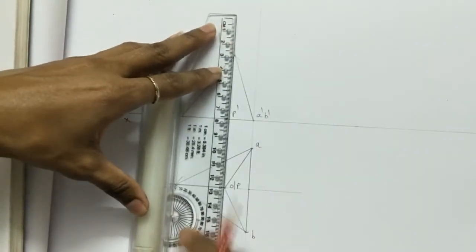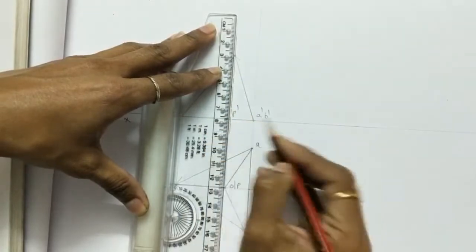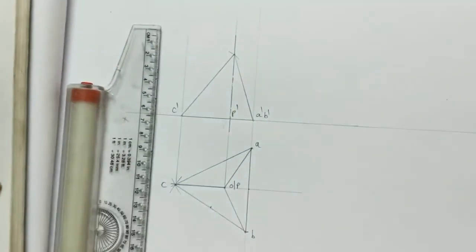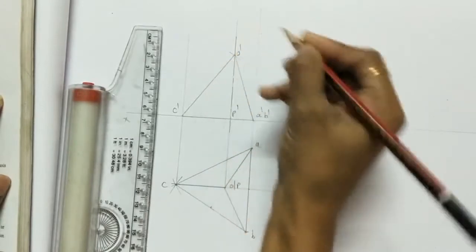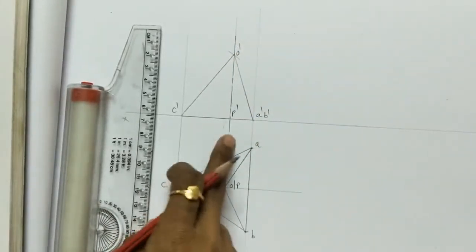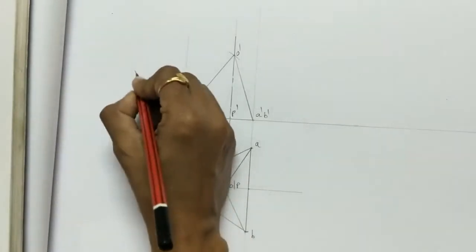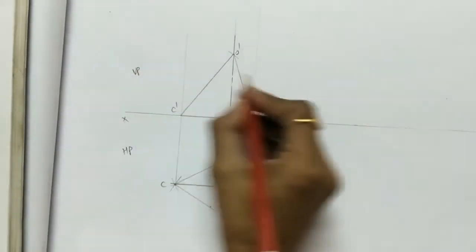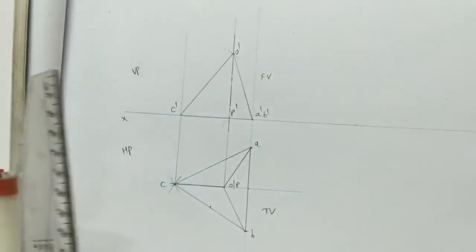As this is the axis, draw it as one long, one small line. This is O dash, the apex point. So O dash, P dash, A dash, B dash, C dash. Now this is VP and this is HP. This is the front view, this is the top view.